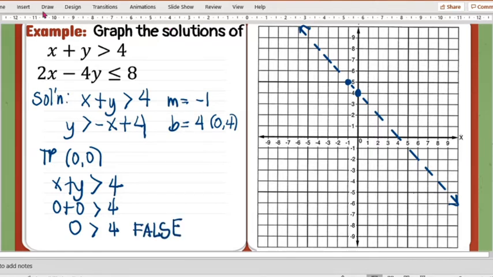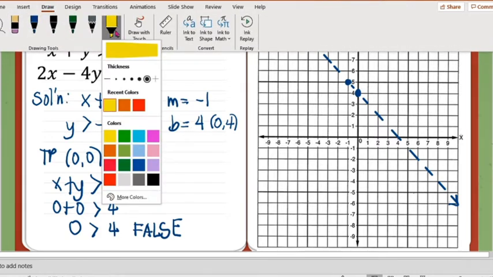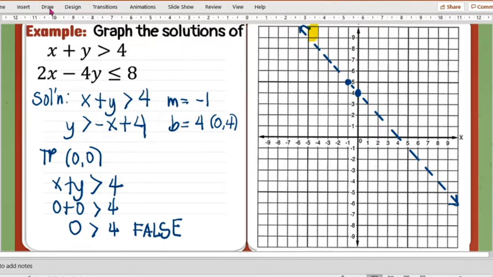Because it is false, I shade the upper side. So, that is it for x plus y greater than 4.